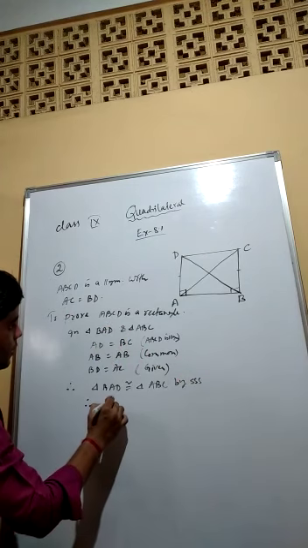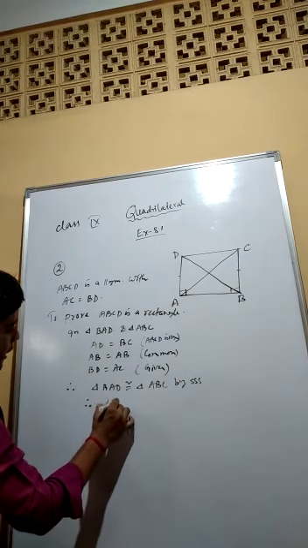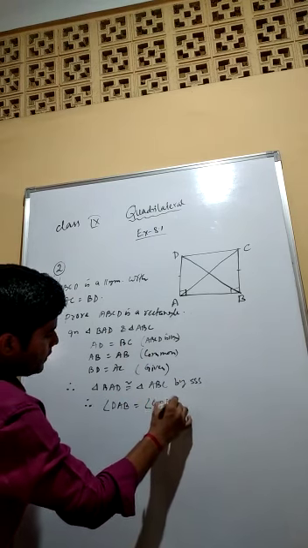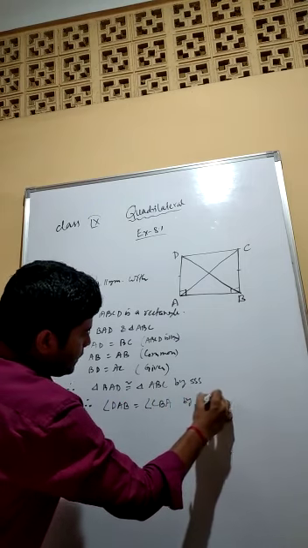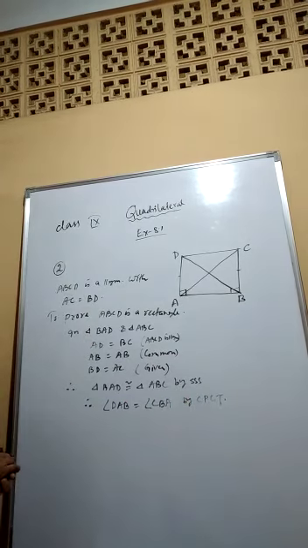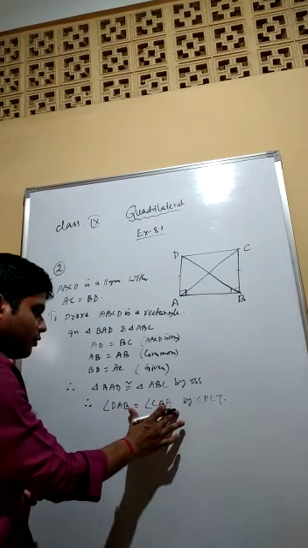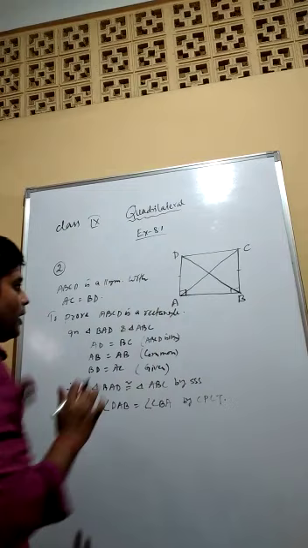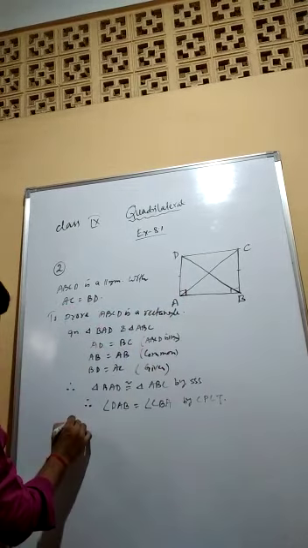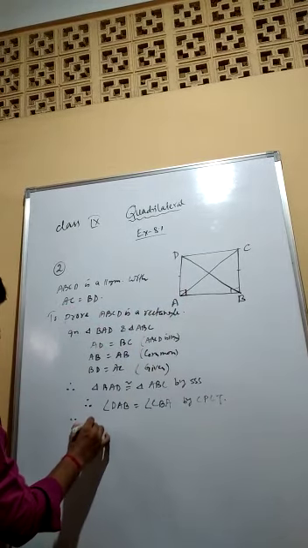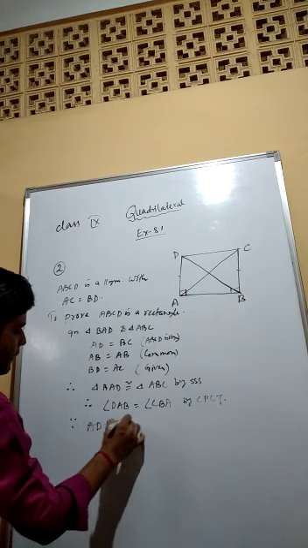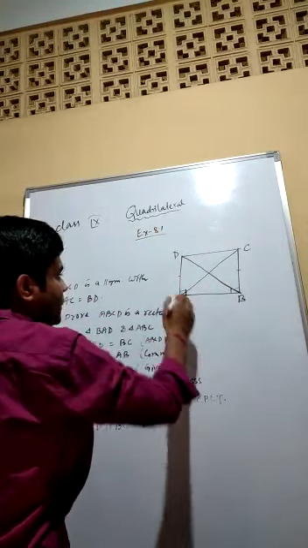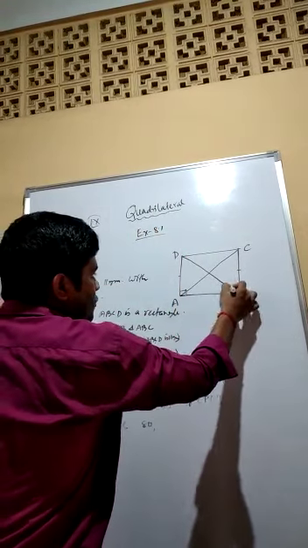Now, if congruent, then can I write angle DAB equal to angle CBA by CPCT? But these two angles are equal. We are going to prove this angle is 90 degrees. Now obviously, since AD is parallel to BC, the sum of these two angles is 180.